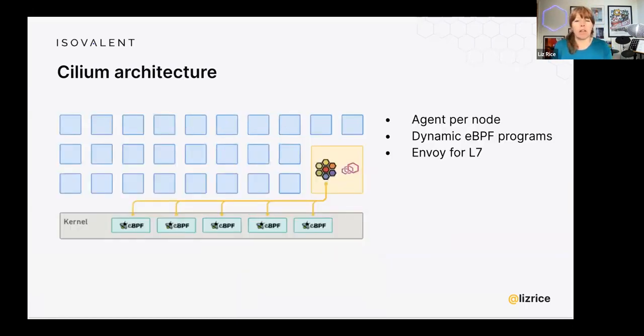We think about how Cilium works prior to service mesh. We have one Cilium agent running on every node, and that agent is responsible for injecting eBPF programs into the kernel for different endpoints and for different connections that are happening. Those eBPF programs are being created dynamically.